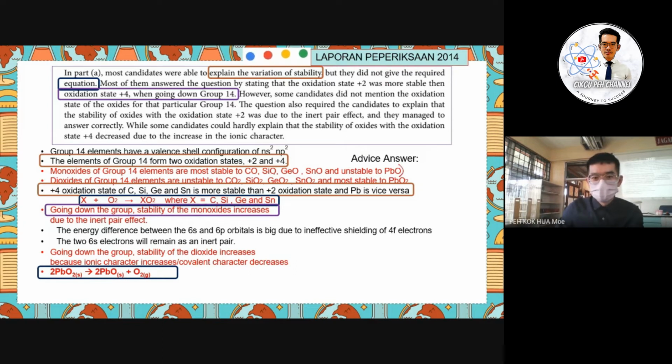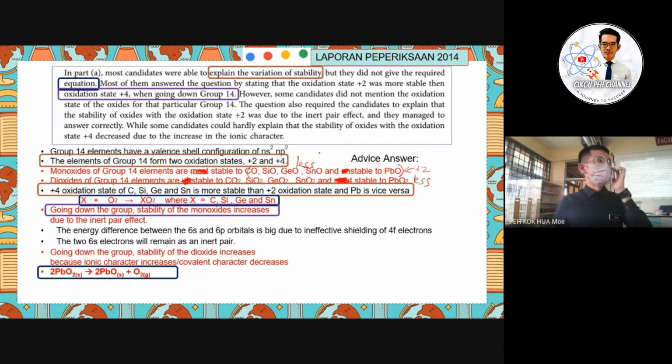You see, we give the less stable to carbon monoxide, and this one stable for lead monoxide. Correct or not? This one is +2 oxidation state, and then stable for carbon dioxide, less stable.